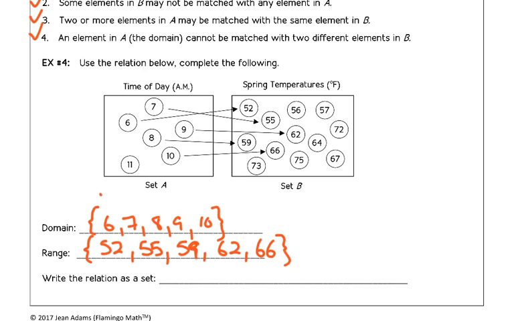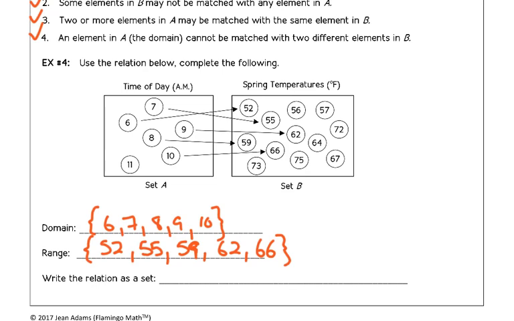And in case you haven't seen these brackets before, that's actually set notation. We use that to say this is a set of numbers, right? So my domain and range, remember, for a relation are sets. So my answers for those should be in set notation. All right, so then what is the relation? How can we describe the relation as a set?